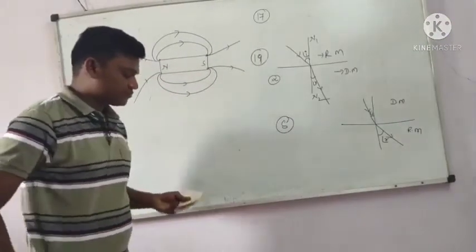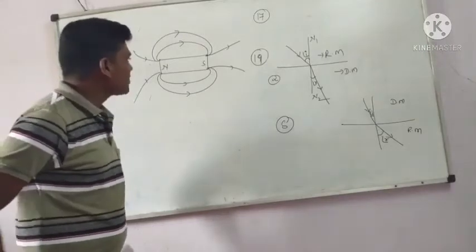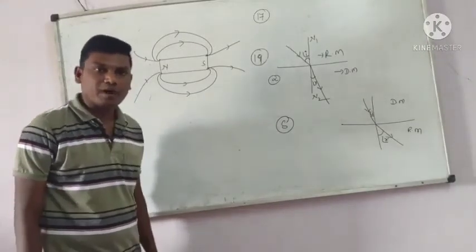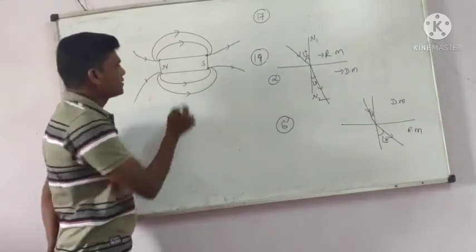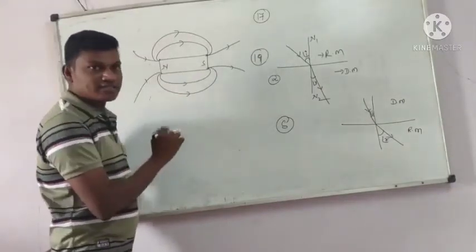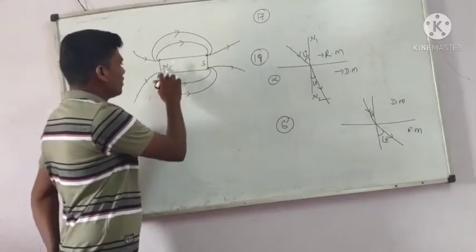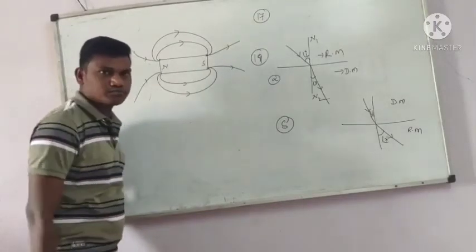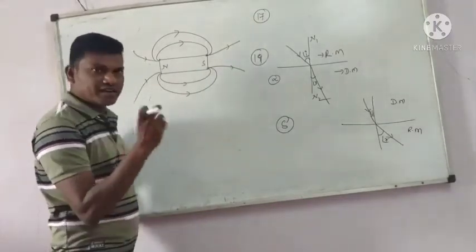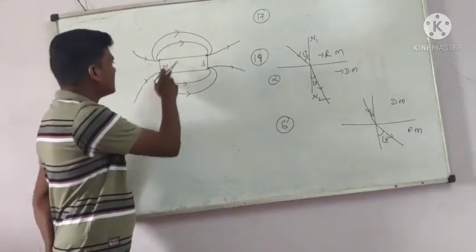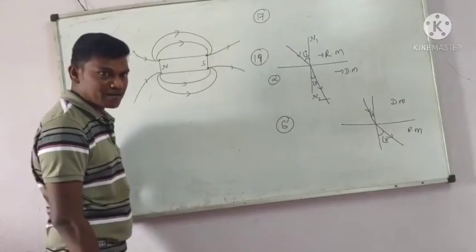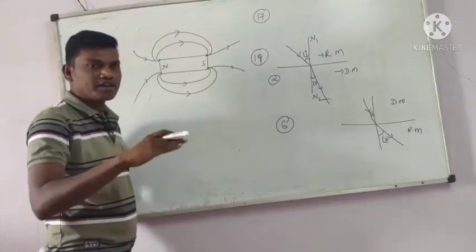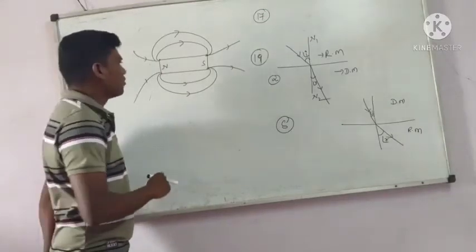Next, 15th one. Draw the magnetic field lines of a bar magnet. So this is a bar magnet. Every bar magnet has two poles, north pole and south pole. Now we take a magnetic compass. It is placed at the corner of the north pole of a bar magnet after placing it on a white chart on the drawing board.